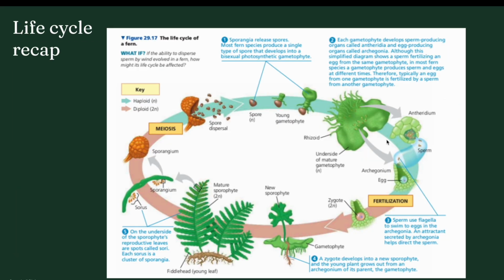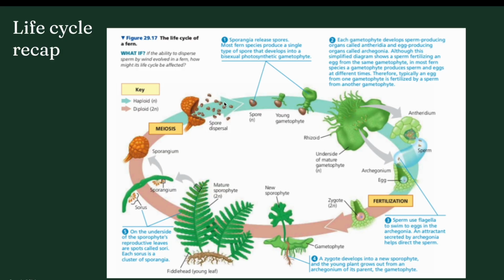And here's a quick life cycle recap of the pteridophytes. Generally the principle is here, and we get to see some alternation of generation in action. So the sporophyte, when mature, will have sporangia borne on its microphylls, reproductive leaves.